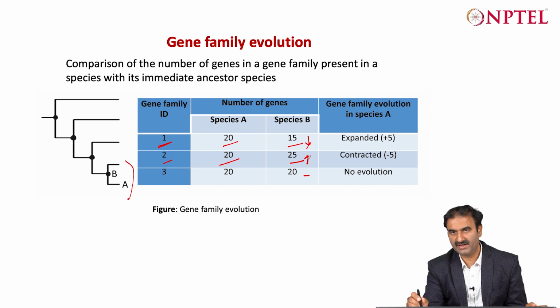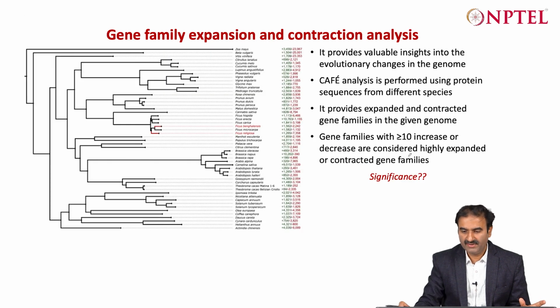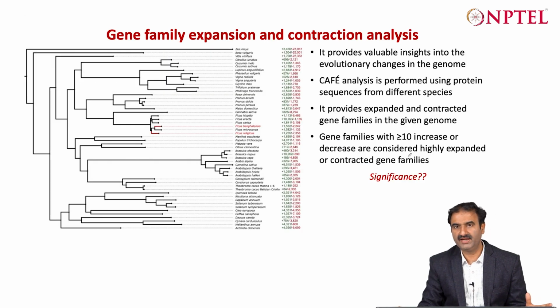So we can determine that the gene family for the first type of function got expanded, and there was a contraction in the second species. You can do this with a CAFE analysis. CAFE is a tool that can tell what kind of functions, or how many functions, got expanded or contracted.